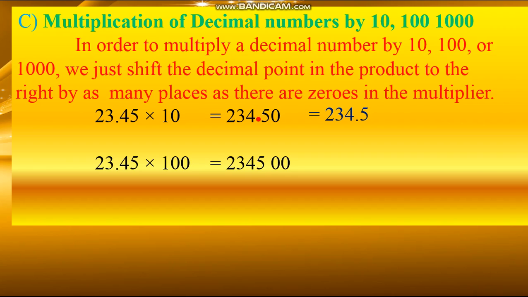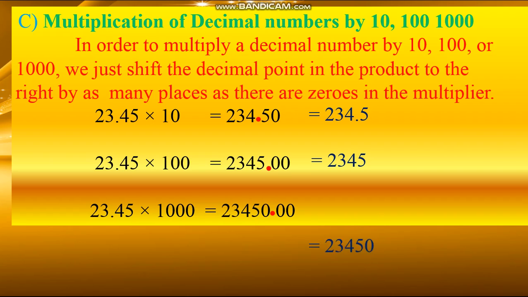Then after 2 digits, means after 5, the decimal will come. Then after 3 digits, but we don't have a third digit after the decimal, so we will take 0 over there and place the decimal after that 0. Understood dear students? And this extra 0 which we are looking at is the correct answer after multiplying. Placing the decimal is a trick.